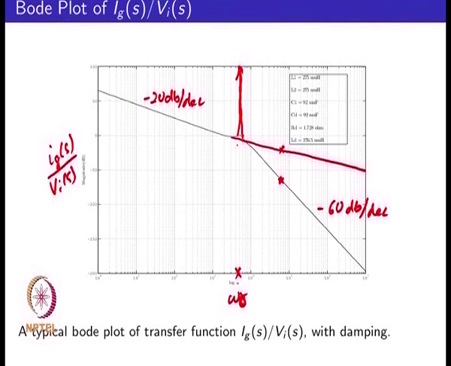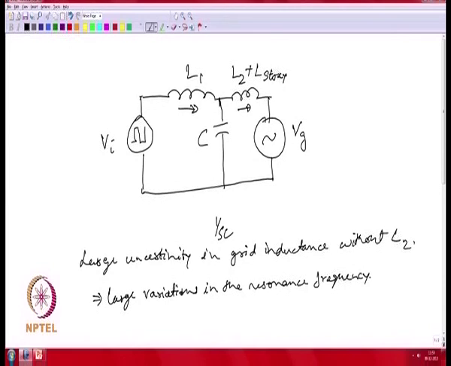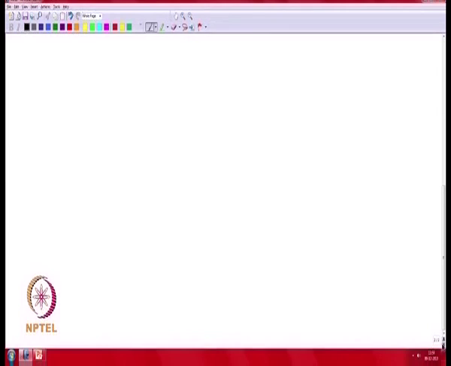One could then use the transfer function Ig by Vi of s. We can actually get it from the simple equivalent circuit of the LCL filter. From the LCL filter network, one can calculate Ig of s divided by Vi of s just by looking at the impedance values.